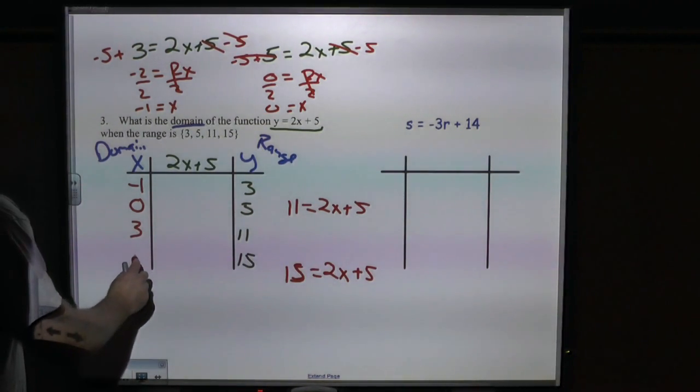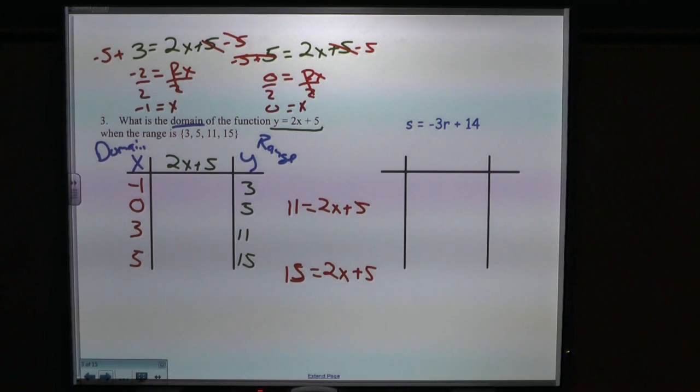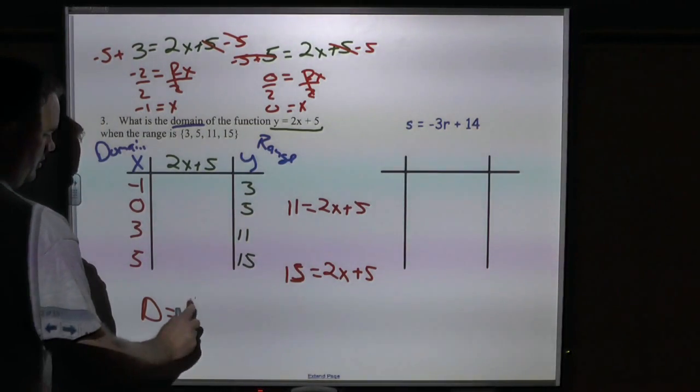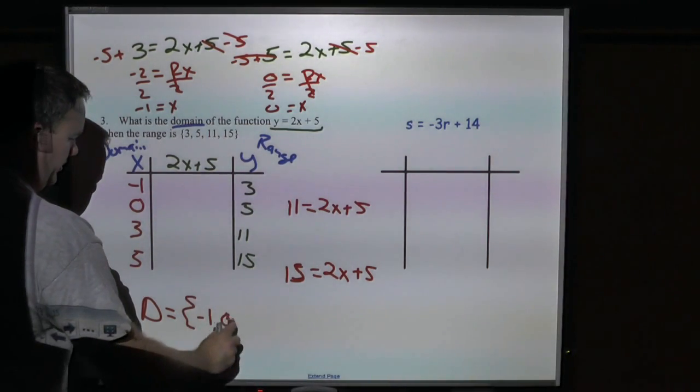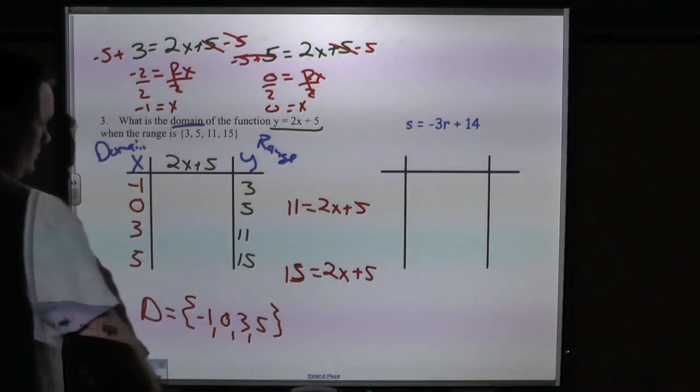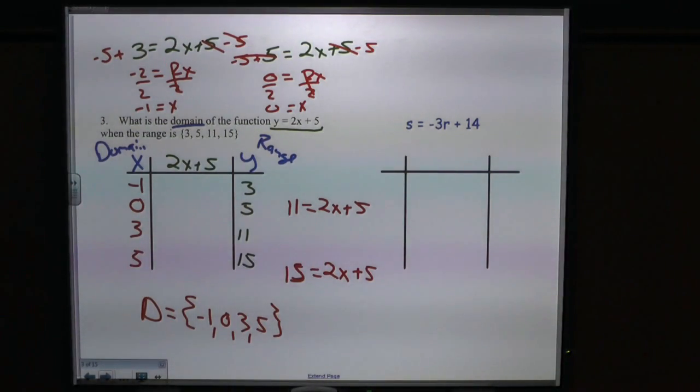You'll get 5 for x when y is 15. So your domain for this one has changed. It is now negative 1, 0, 3, and 5. Okay? Just want to make sure that's clear.